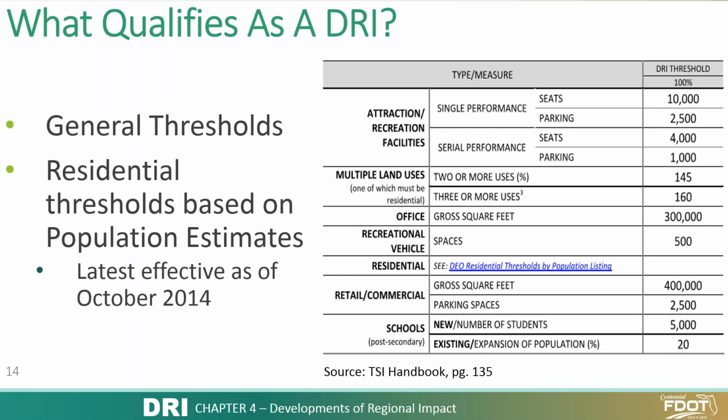In regards to residential thresholds, residential thresholds for DRIs are based on population estimates from the Bureau of Economic and Business Research, or BEBR, and are available on Department of Economic Opportunity, or DEO's website. The last change for these population estimates occurred in April of last year, and so the new thresholds for residential development are effective as of October 2014.